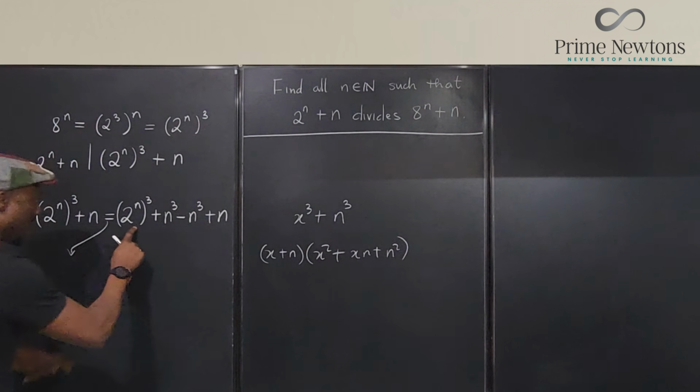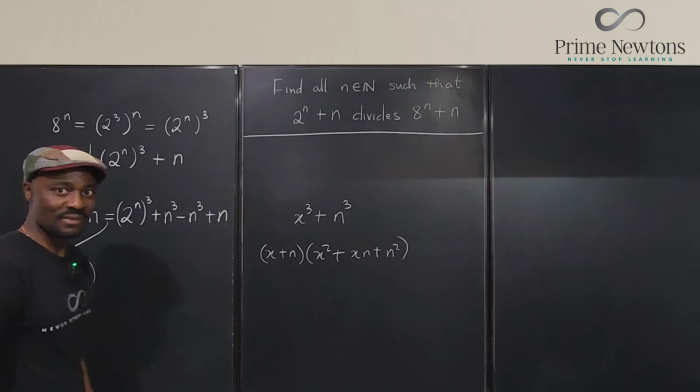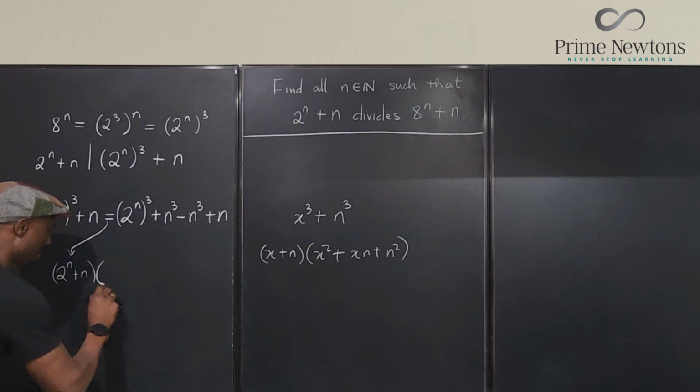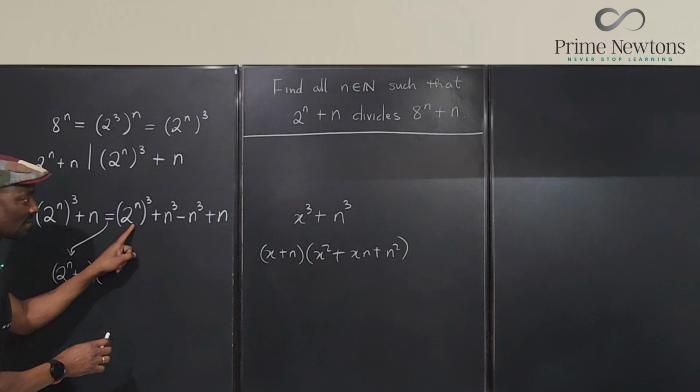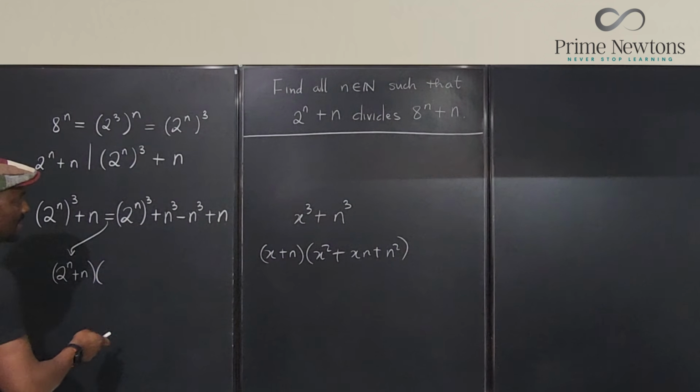So if I use that here, see what I'm going to get. I'm going to get 2 to the n plus n, multiplied by the square of this. If I square this, it's going to be 4 to the n. It doesn't matter.